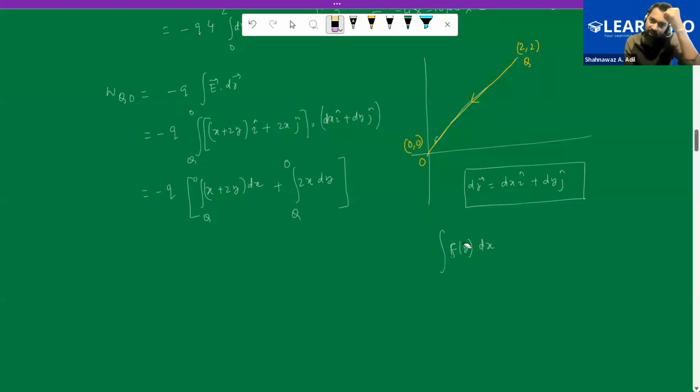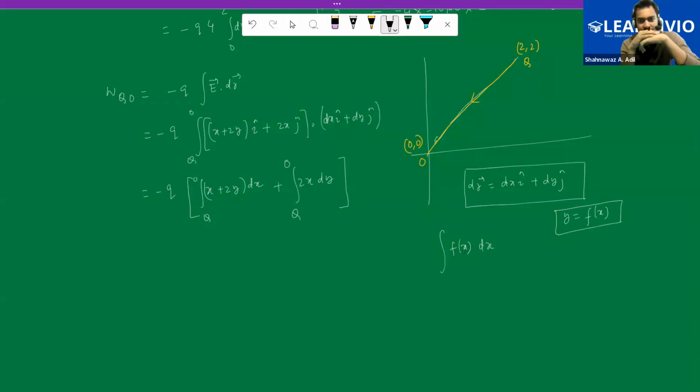If I write this y in such a way that it becomes a function of x, will it solve this integral? Yes, so this can solve the integral.